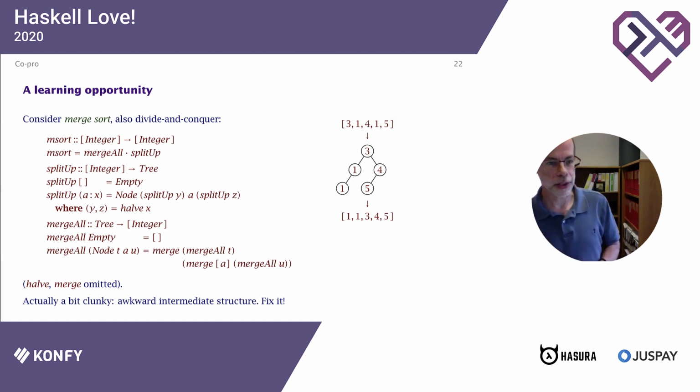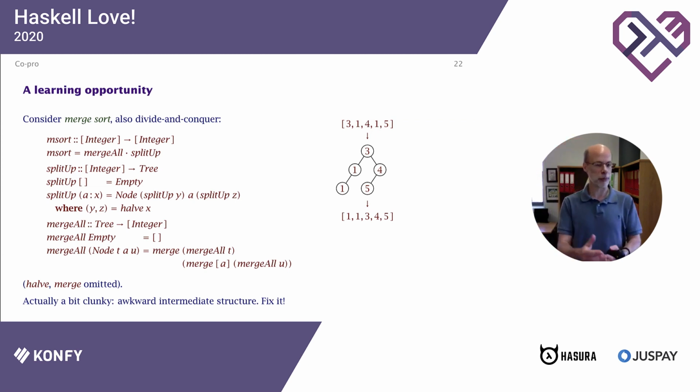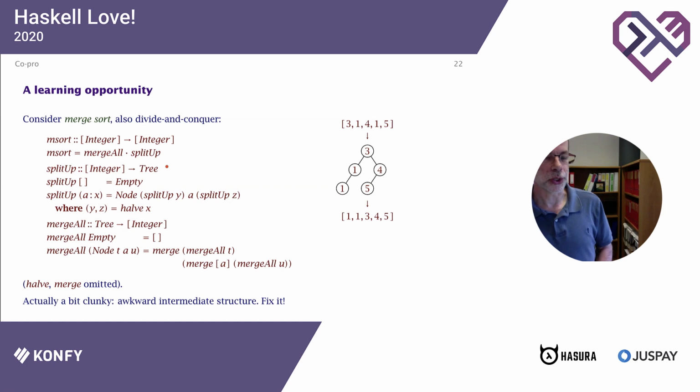And I think this is a nice learning opportunity because we've got those trees lying around, let's use them for merge sort. You get a program, oh, it's a bit clunky. What do we do? Well, program structure is determined by data structure. If we change the data structure, what happens? You can change the data structure from these trees to different trees. And I'll skip the details, but they're in my blog post about this and also a paper I've submitted about this, which hopefully will appear soon.